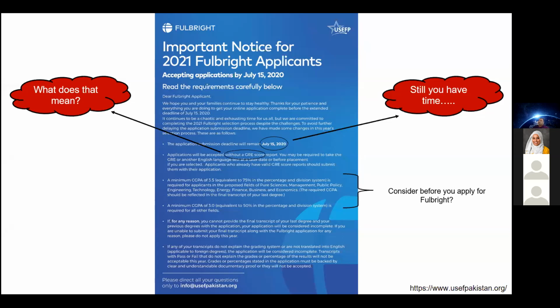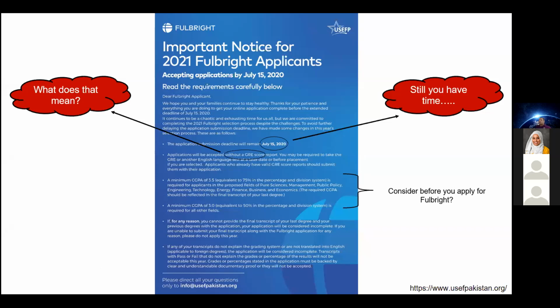The 3.5 CGPA is mostly for STEM technologies like engineering technologies, business, MBA. So when you are applying for those programs, you have to have a 3.5 CGPA. Otherwise, like in our scenario, in veterinary science or agriculture, the minimum CGPA requirement is 3.